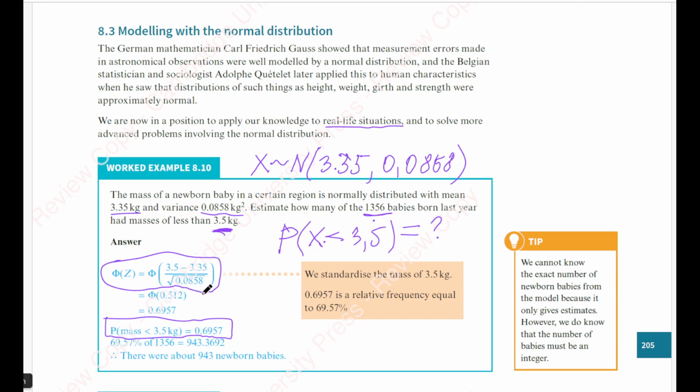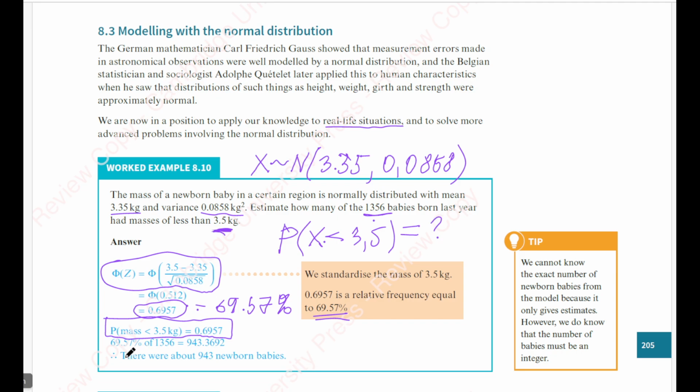Here you just standardize and you get this amount. It means that you can represent it as a percentage: 69.57%. So this is the share of babies which are less than 3.5.